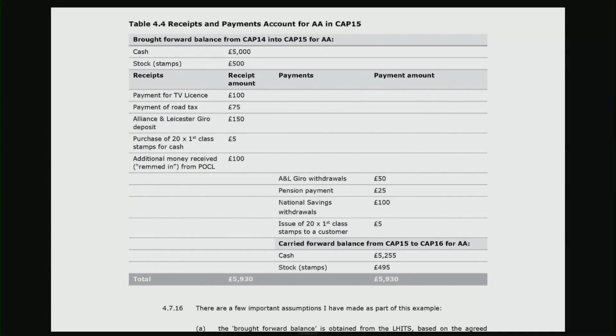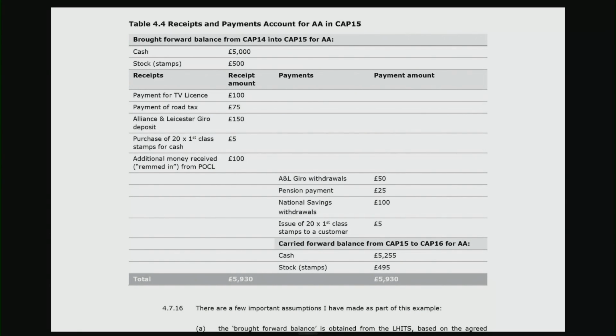And you'll notice that the only stock transaction was the 5 pounds of stamps for cash. The stock is being reduced by 5 pounds and the cash is being increased by 5 pounds for that particular transaction. So that's the only one that really goes between the stock and the cash.